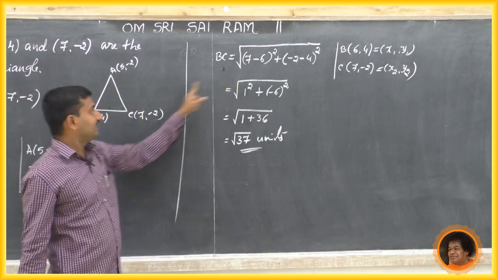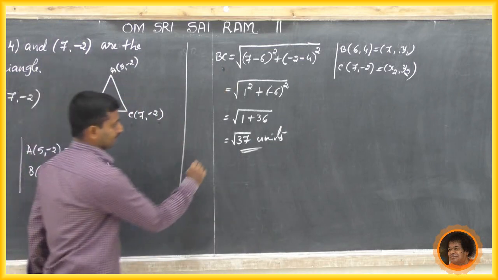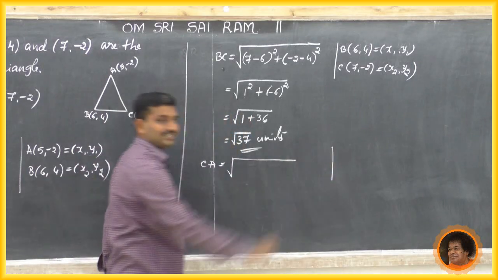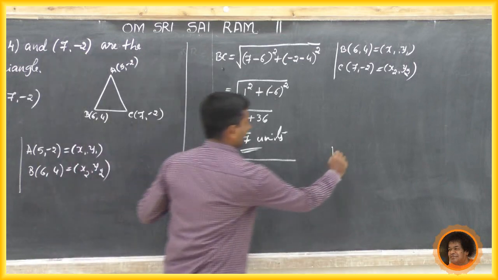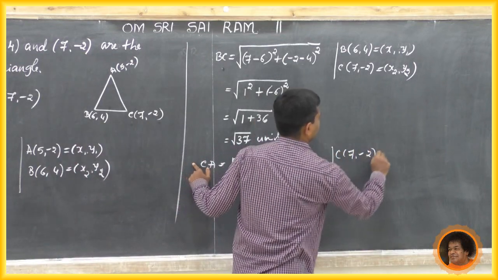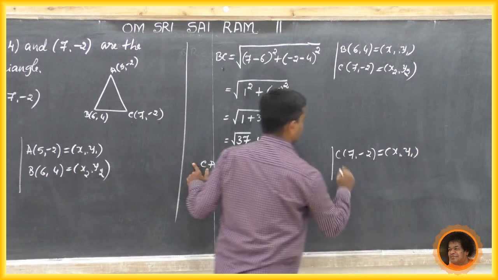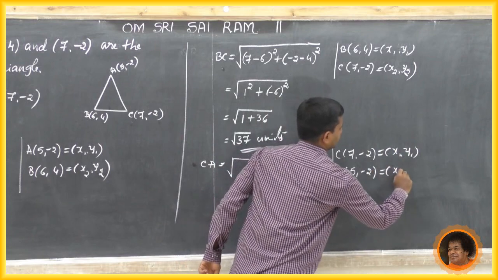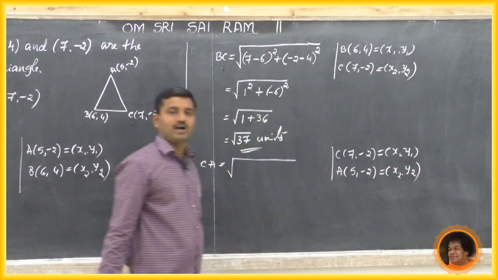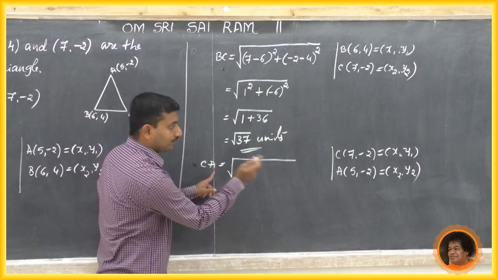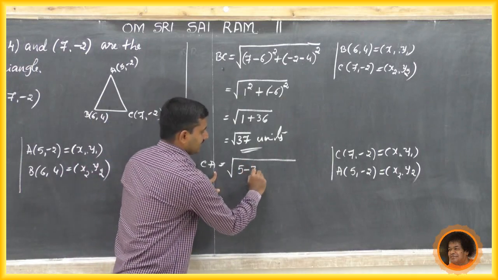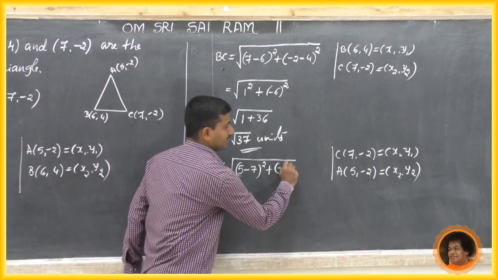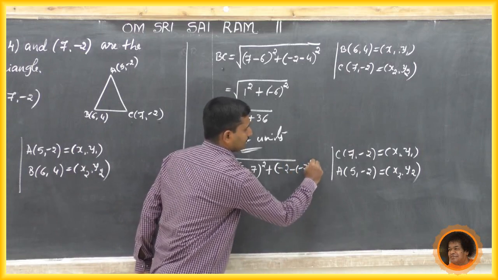Next, we have to find the distance CA or AC. So distance CA is equal to square root of... the coordinates of the point C (7, -2) are x1, y1, and the coordinates of the point A (5, -2) are x2, y2, and substitute the values: (5 minus 7) whole square plus (-2 minus of minus 2) whole square.